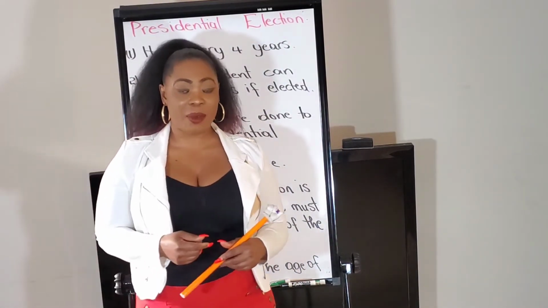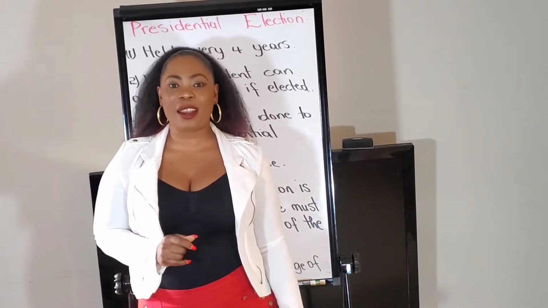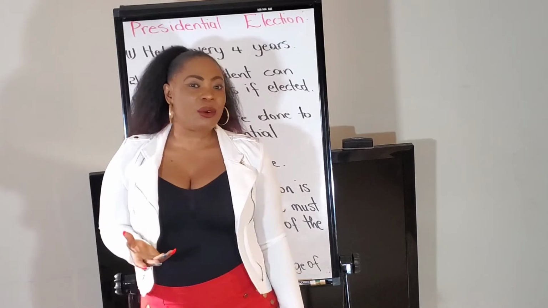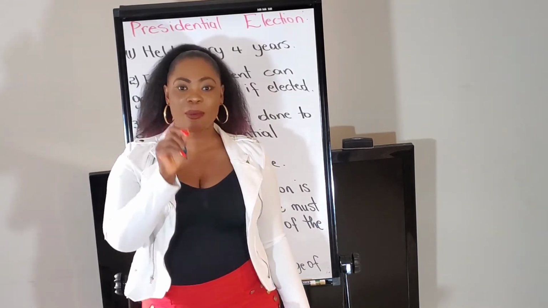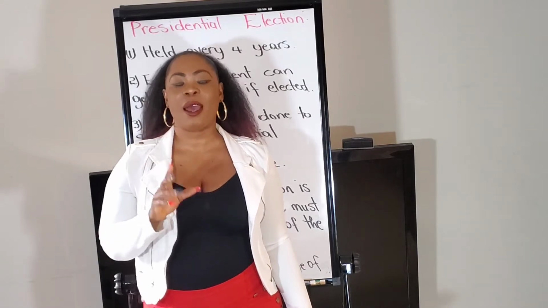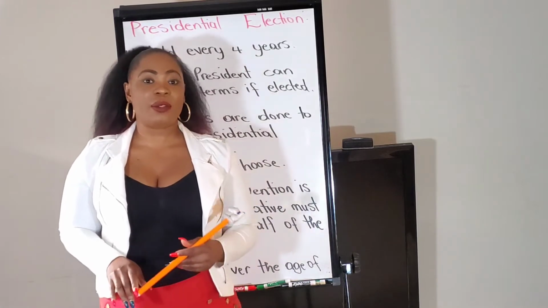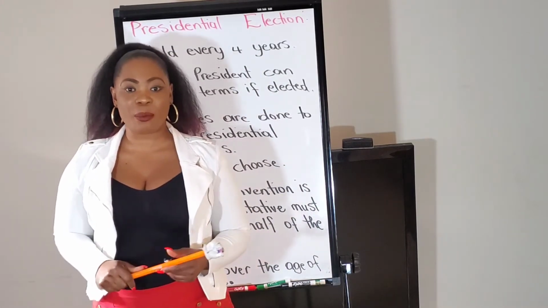After going behind the booth, they tick the candidate of their choice. I know some countries allow them to tick, some countries allow them to make an X beside the candidate of their choice, but that is what happens on the ballot paper.